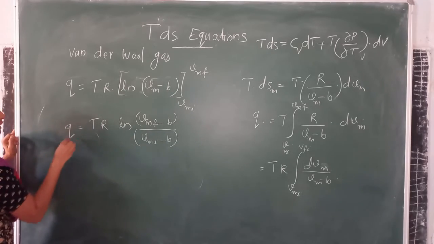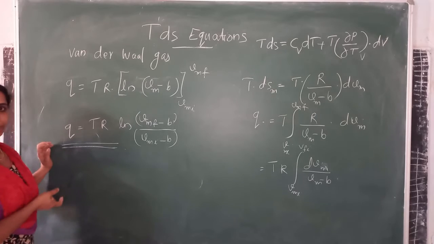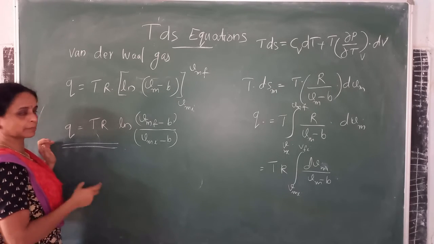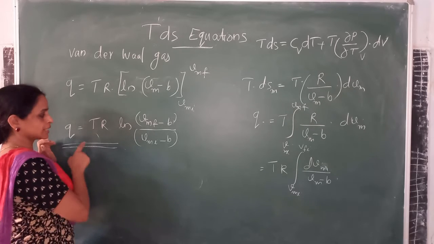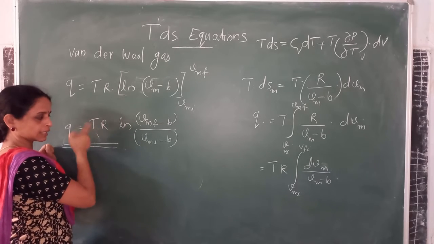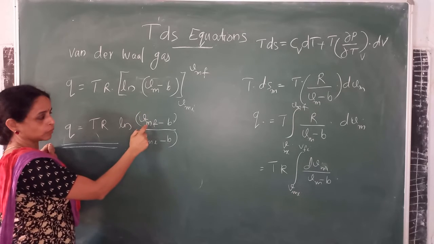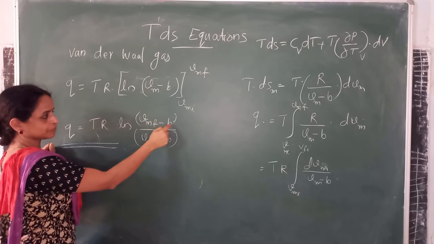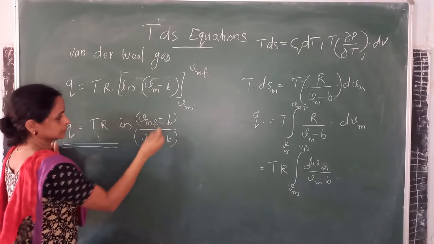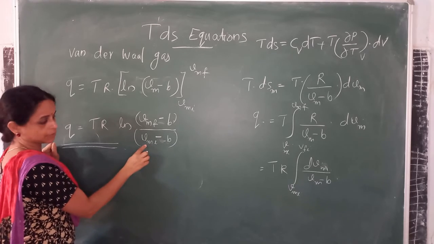This is actually heat. So the total heat transferred during an isothermal expansion of the van der Waals gas, for 1 mole, is given by the equation Q equals RT ln of (Vmf minus b) by (Vmi minus b), where Vmf is the final molar volume and Vmi is the initial molar volume.